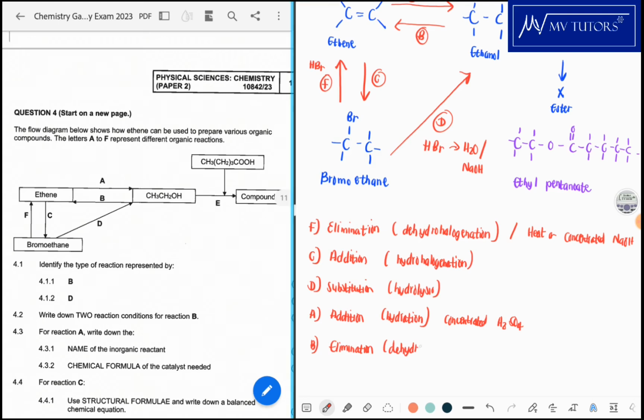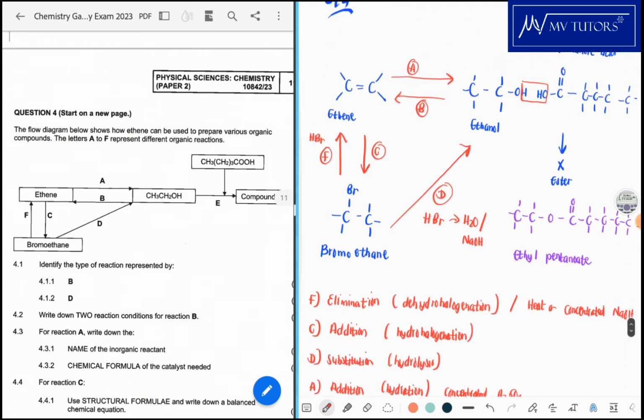We are dehydrating it, dehydration. Okay, and for dehydration, what do we need? So again, with hydration as well as dehydration, you need concentrated sulfuric acid or heat. Okay, so that's B, and lastly, E.